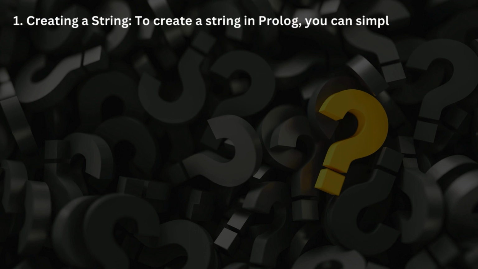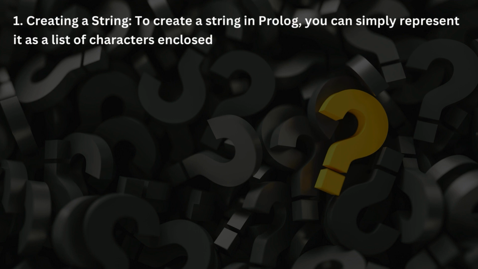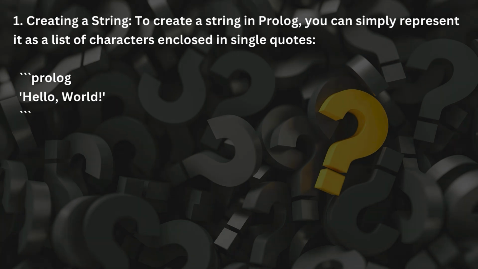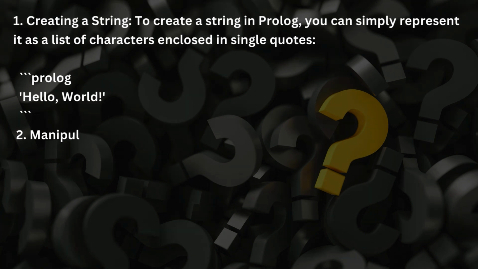First, creating a string. To create a string in Prolog, you can simply represent it as a list of characters enclosed in single quotes. So, how can you write it in Prolog? Like 'hello world', in single quotes. Next, manipulating strings.